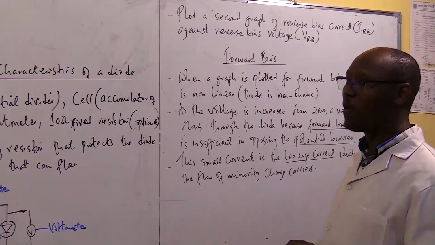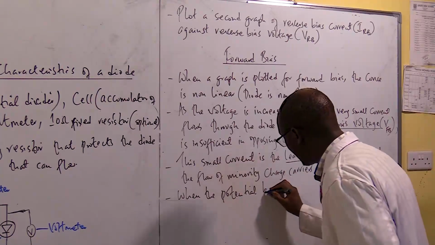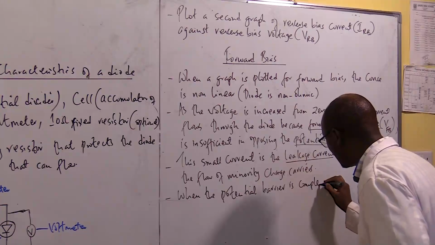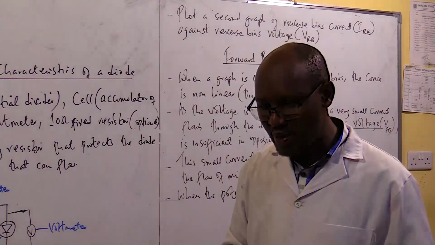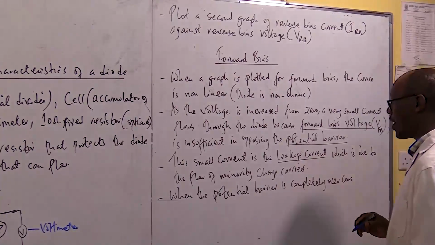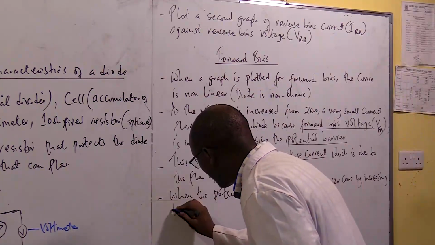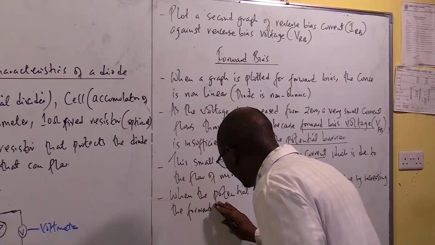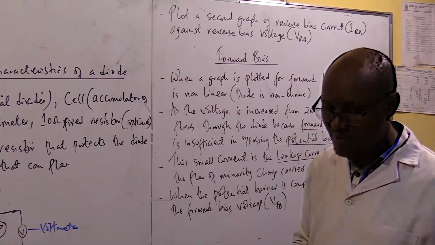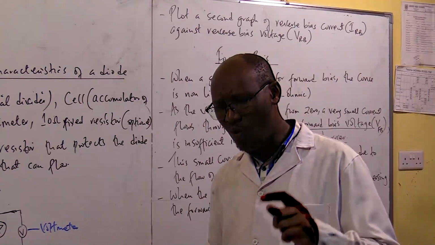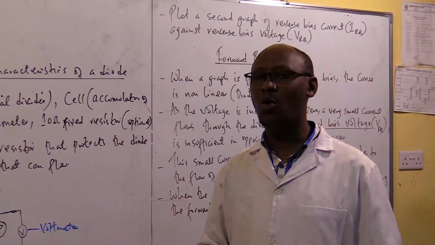So when the potential barrier is completely overcome, when you finally break the potential barrier by increasing the forward bias voltage, the VFB, then electrons or charges begin to flow easily across the junction.